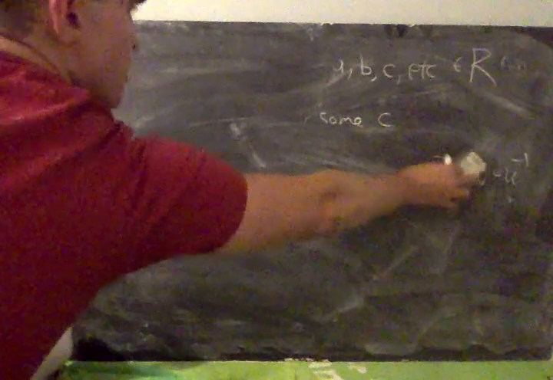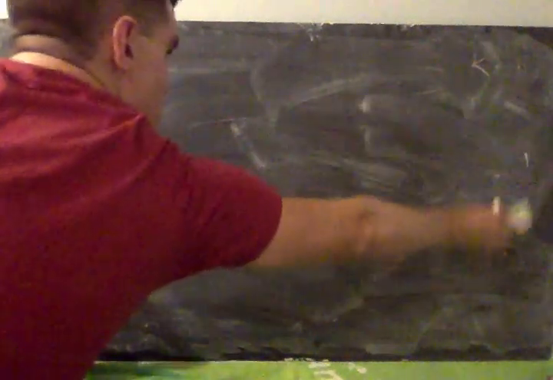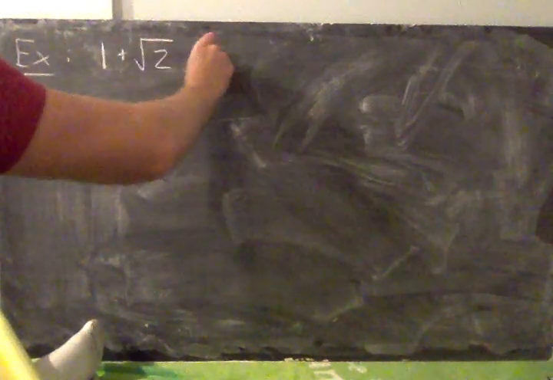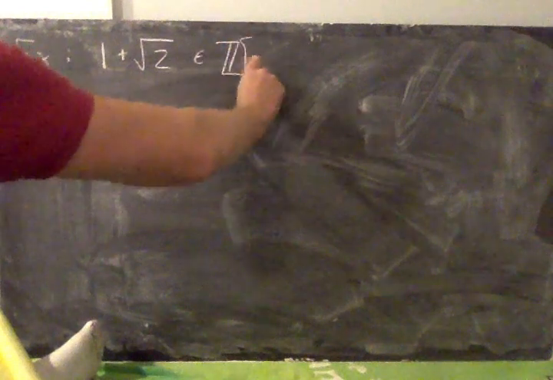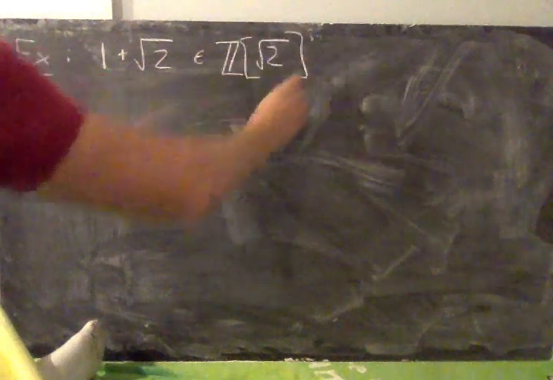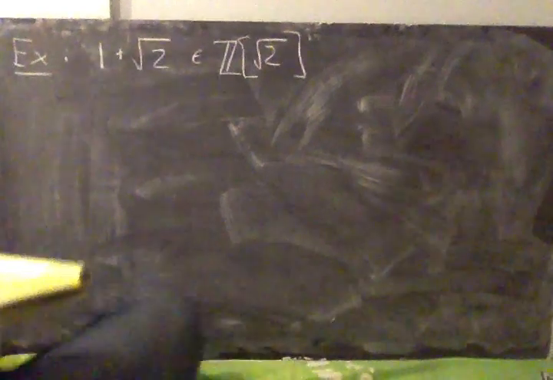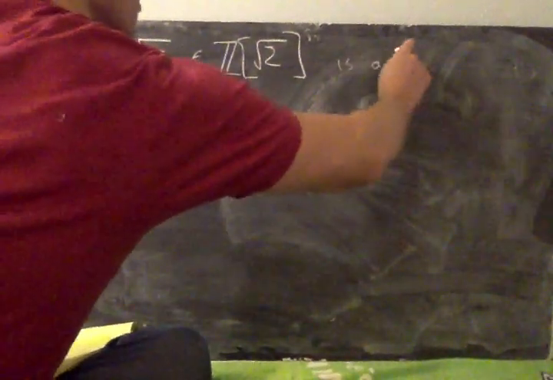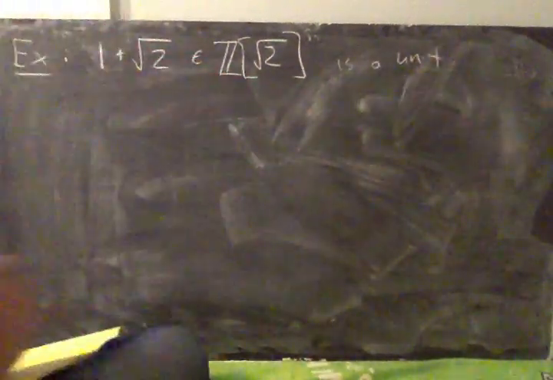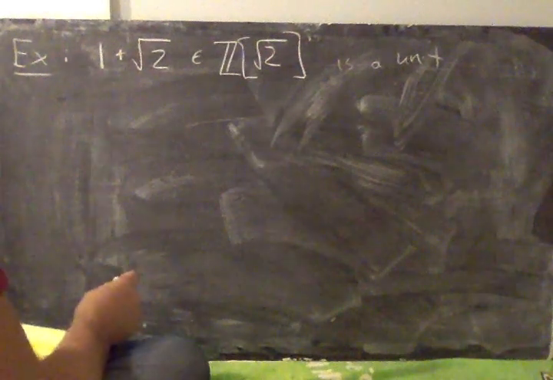But we can look at some new examples. For example, 1 plus the square root of 2 in Z adjoin square root of 2 is a unit. Why is that?